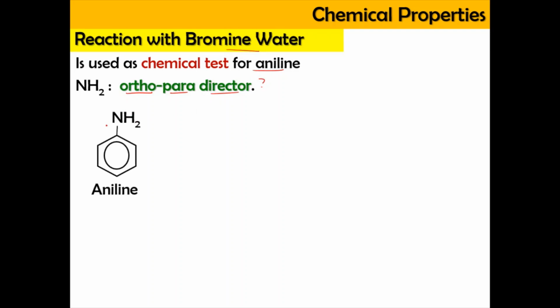So let's say if you have an aniline, and then you're going to react that with the bromine aqueous in the presence of water, what's going to happen is that the amino group here is going to cause the bromine to attach at carbon number 2, carbon number 4, and carbon number 6. Okay, so here is carbon number 1, 2, 3, 4, 5, 6. Okay, and ortho-para director means that it will allow the bromine to attach at the ortho position.